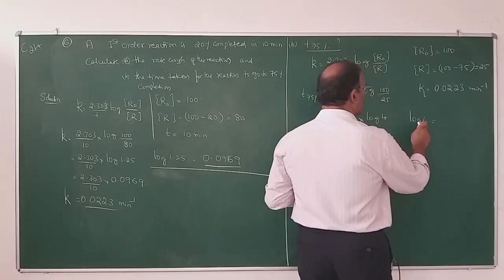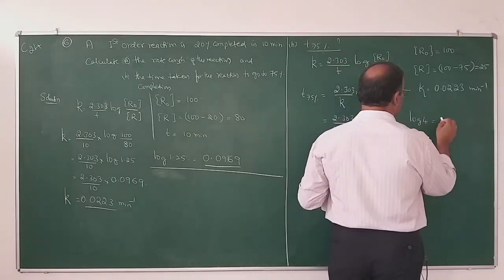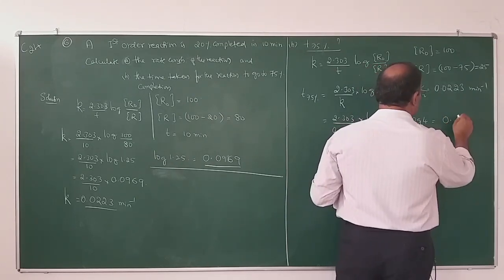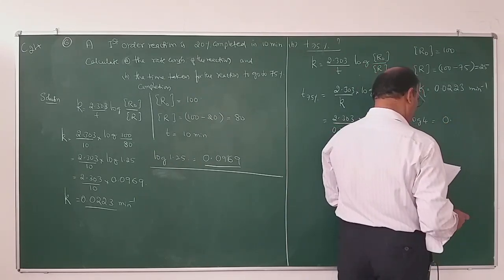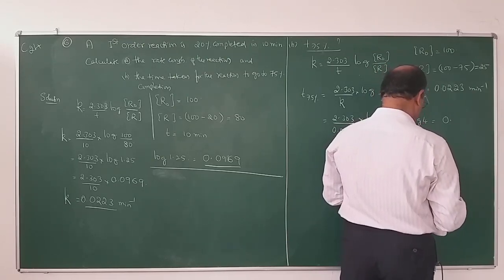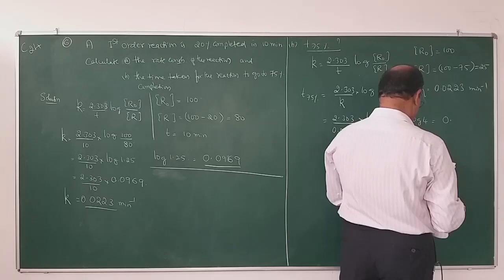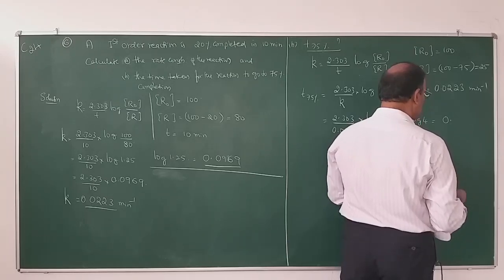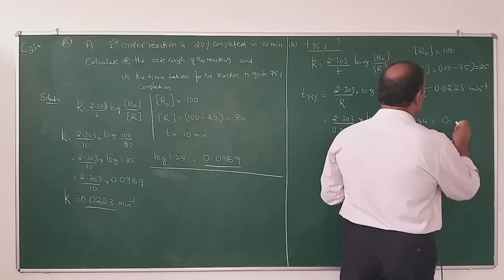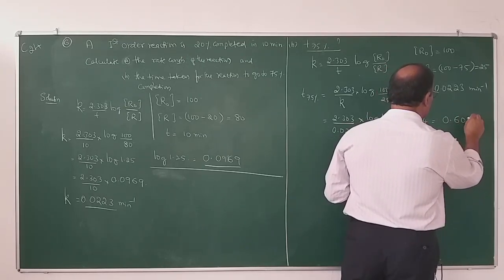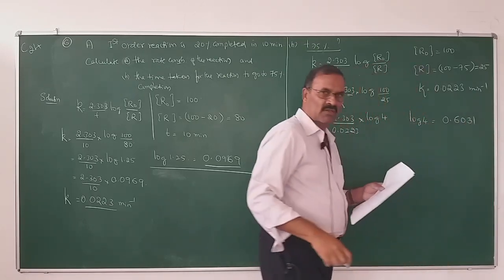It is a single digit number and its characteristic is 0. The mantissa is 6031, so log 4 gives 0.6021.